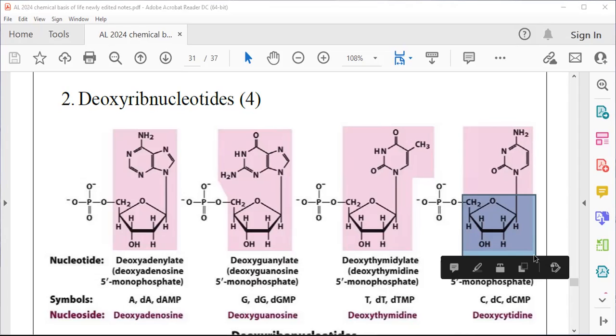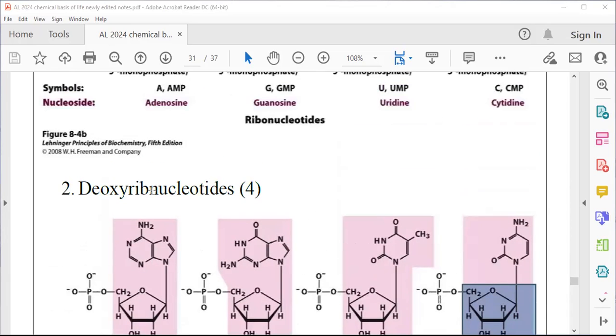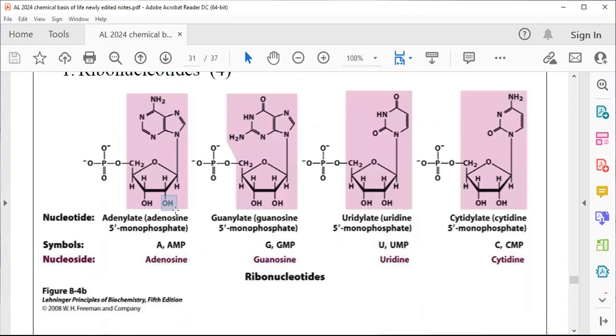What is the sugar there? Pentose sugar. What is the sugar? Deoxyribose sugar. Deoxyribose sugar. Now see, in this place, can you see an OH?